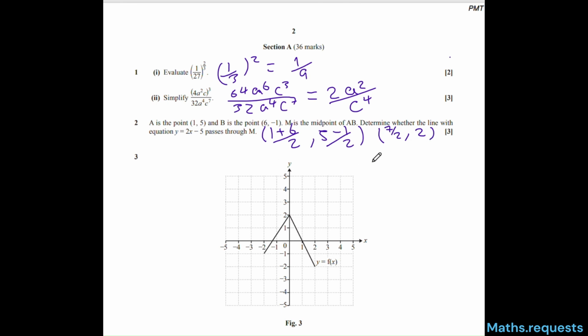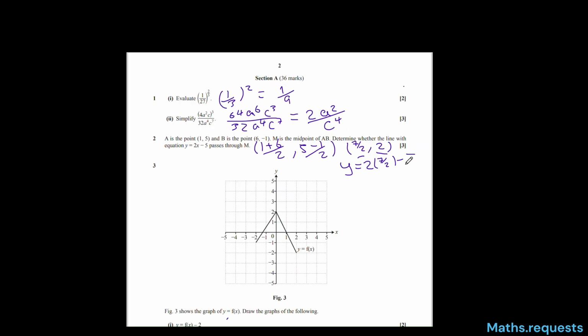So the equation is y equals 2x minus 5. So here the x value is 7 over 2, so y equals 2 times 7 over 2 minus 5, which equals 7 minus 5, which equals 2. So therefore the line with equation y equals 2x minus 5 does pass through M.